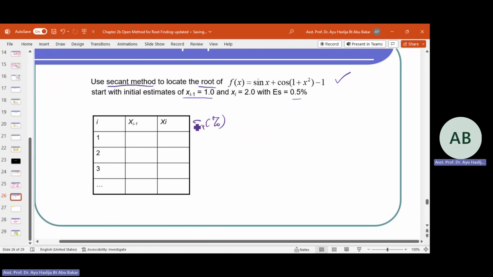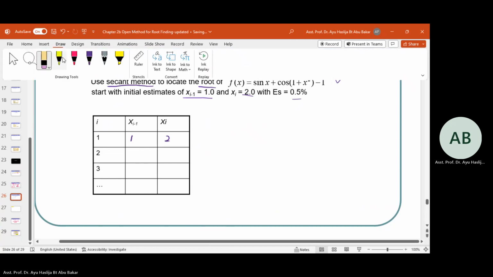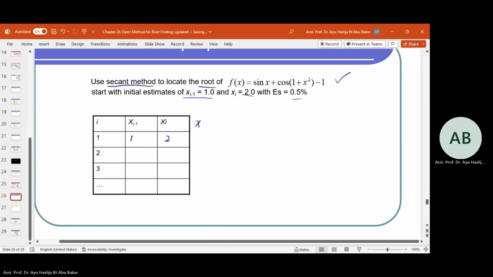Xi minus 1 will be 1, xi is 2. Wait, this one is not EA. This one should be your xi plus 1. Then only the EA.